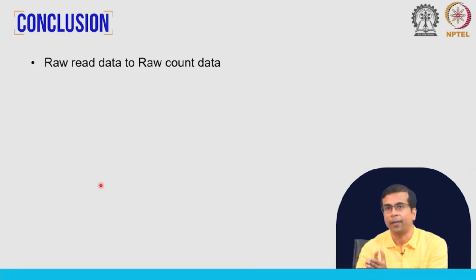That is the idea. We want to measure the expression level of genes from the read data that we have got. We have proceeded a bit. We have now got the raw count data, and from this we want to go to the actual expression levels of these genes. So, we need to account for a lot of biases along the way.